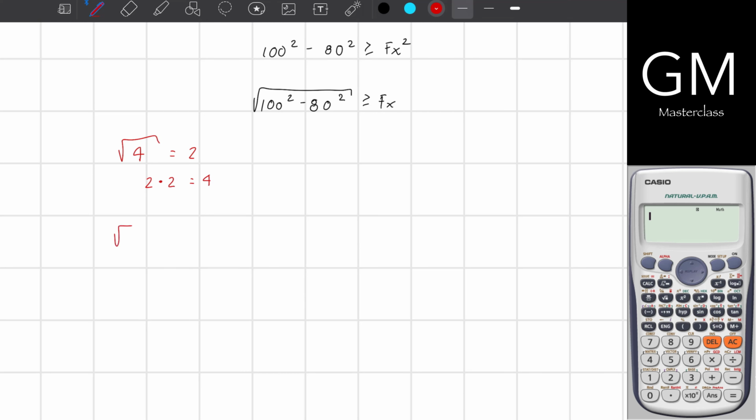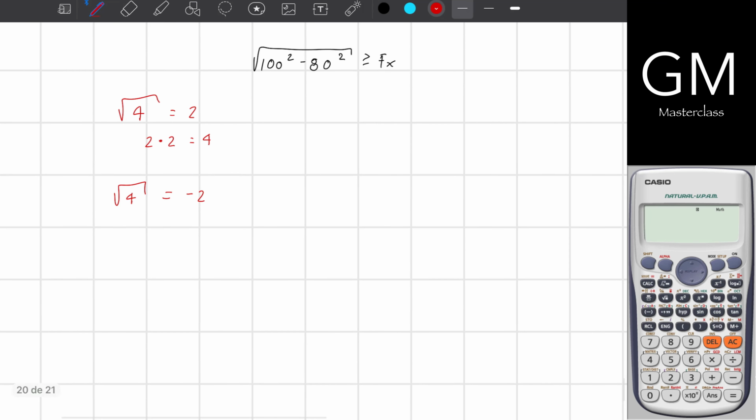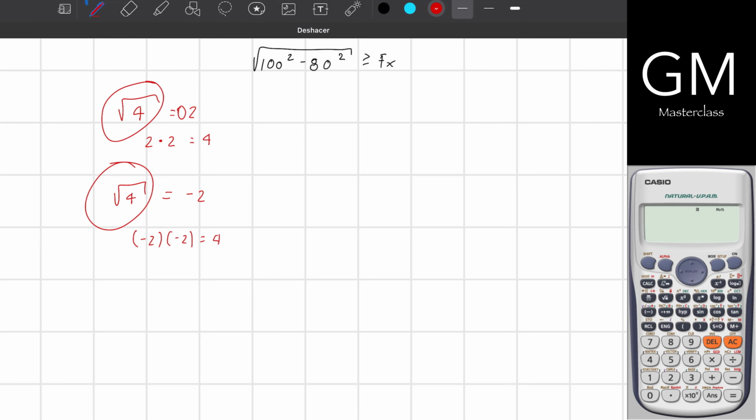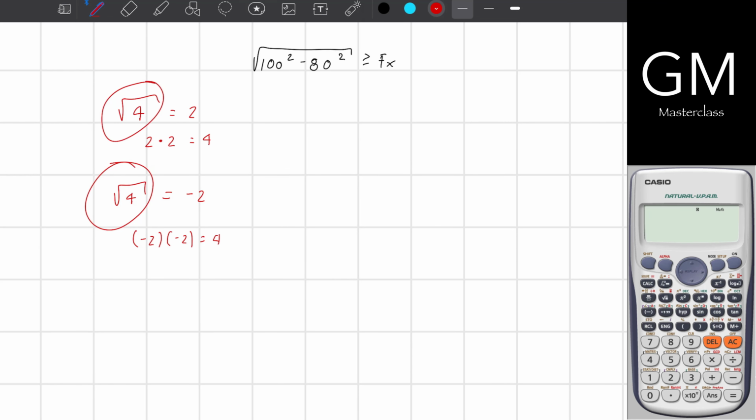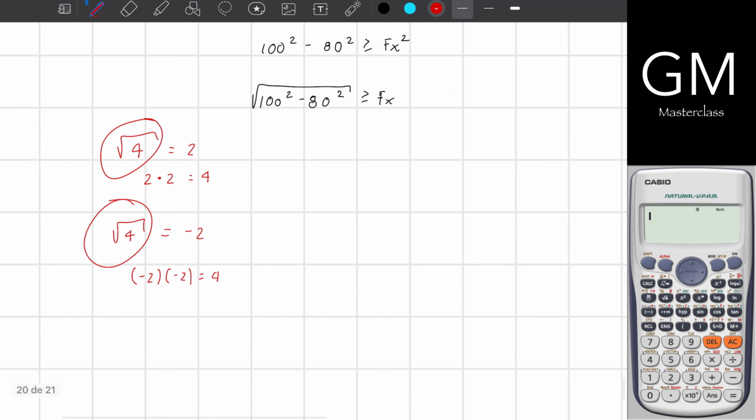But it is also equal to minus 2, because minus 2 times minus 2 is also equal to 4. So the square root takes into account the positive and the negative sign of the number that we get. So this is going to be plus or minus.